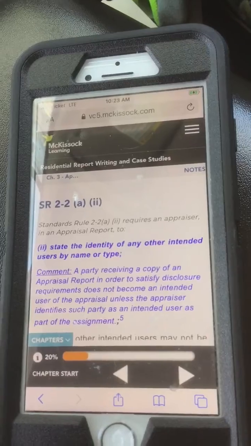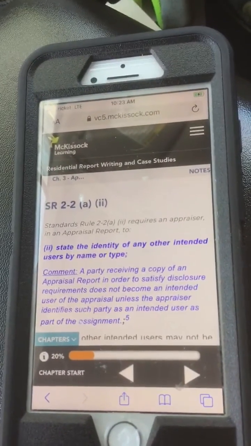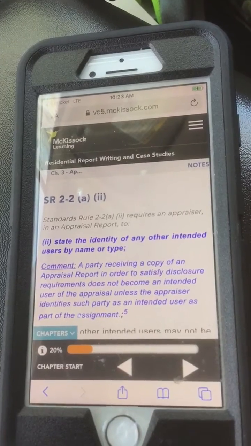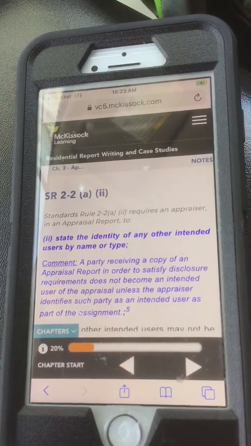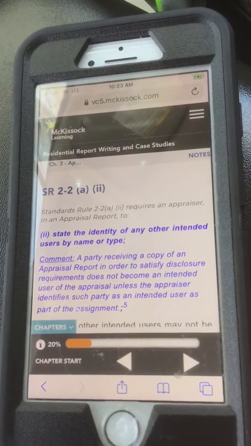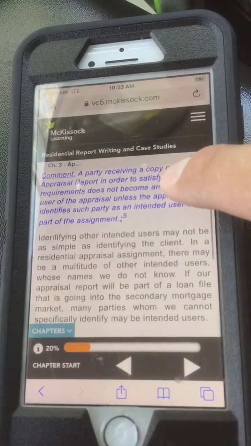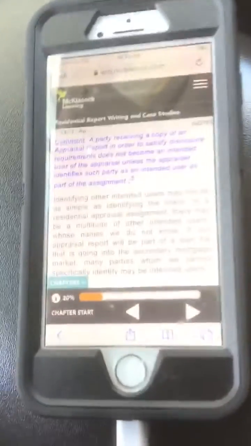Chapter 3, SR 2-2A, Roman numeral 2, requires an appraiser in an appraisal report to state the identity of any other intended users by name or type. Comment.